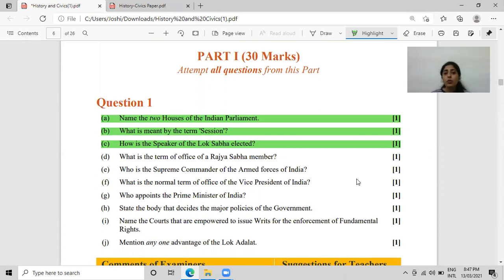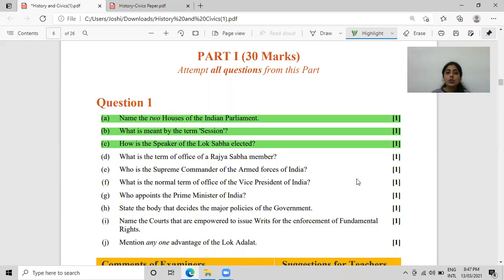It is very helpful when we start preparing these small answers. In a way, we are going towards the long answers. So once you attempt the 30 marks of questions asked for 1 and 2 marks each, you are in a way prepared to go and attempt the long answers. We'll discuss each and every question one by one.